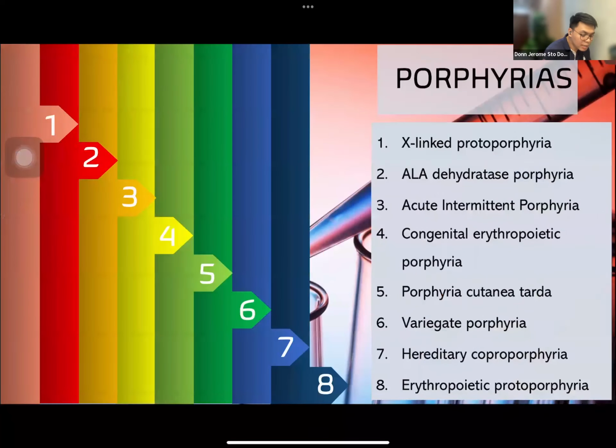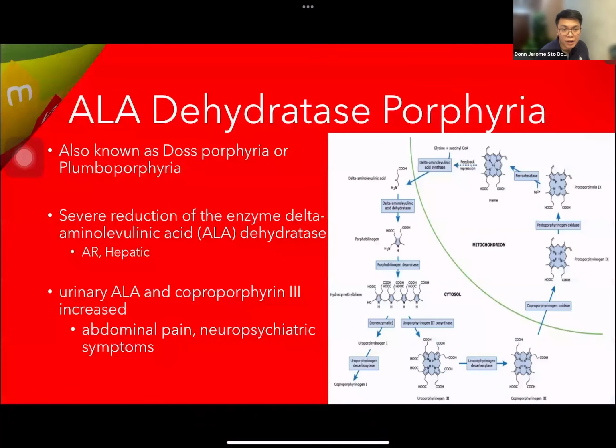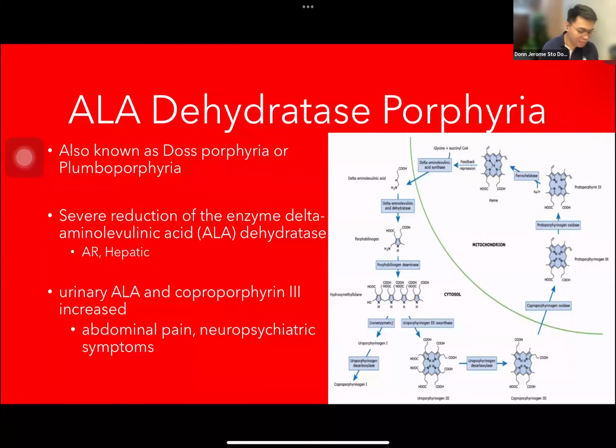Next is ALA dehydratase porphyria, otherwise known as Doss porphyria or plumboporphyria. This is the rarest of all porphyrias. There are actually only 4 documented cases worldwide. So it's very unlikely for us to see this in our lifetime.